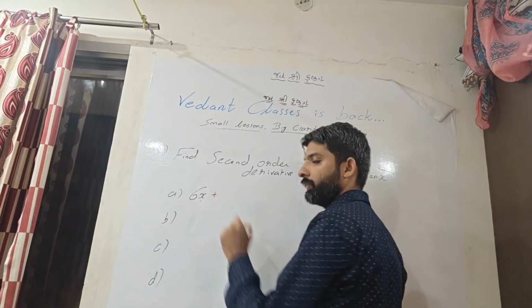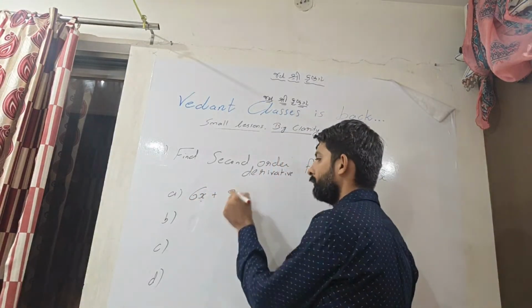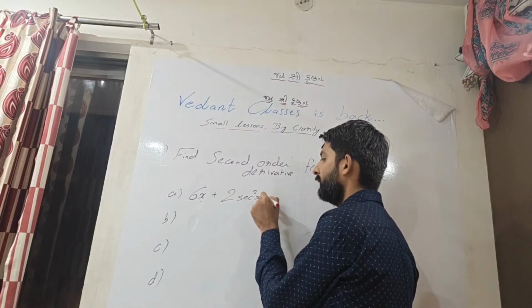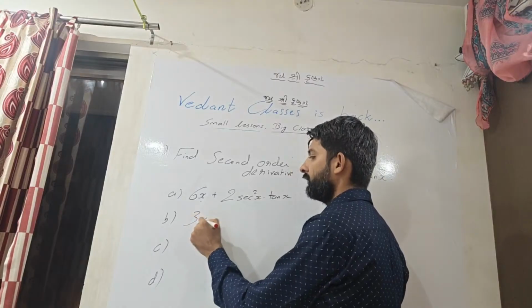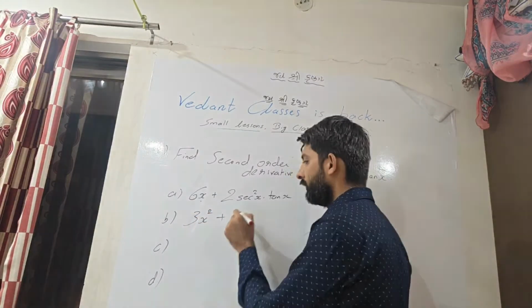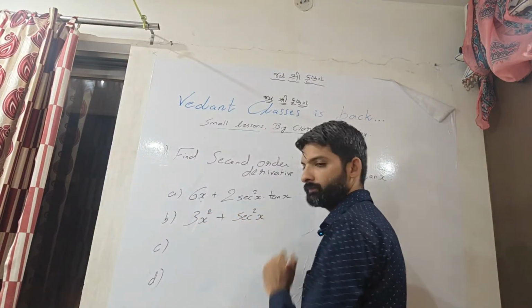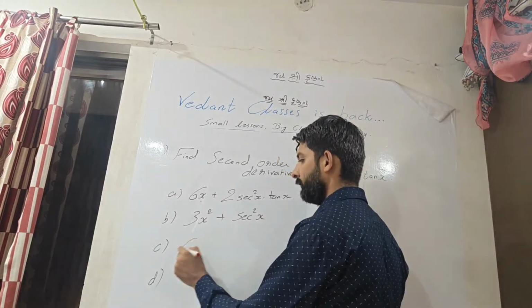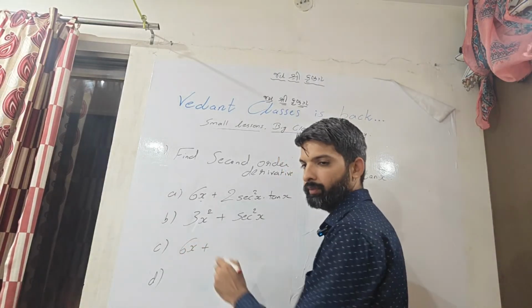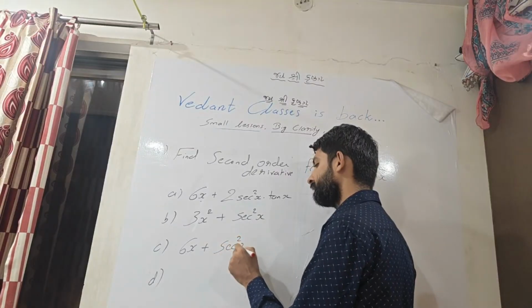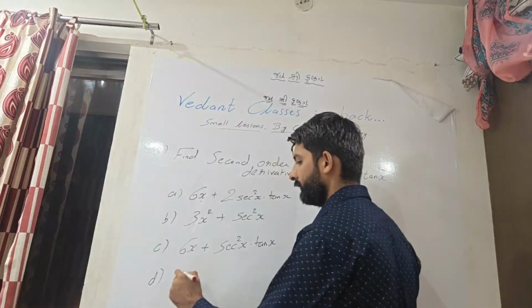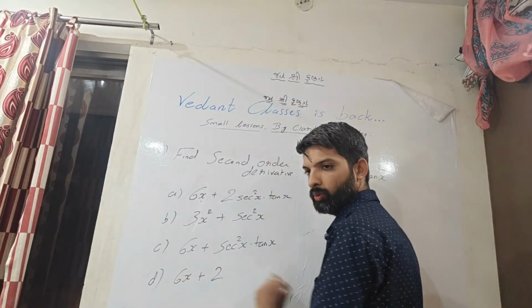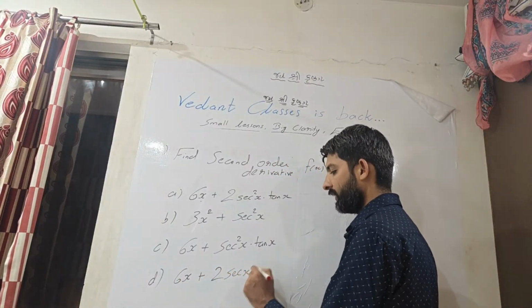Options are 2x, 6x plus 2, sec square x tan x, 3x square plus sec square x, 6x plus sec square x tan x, and 6x plus 2 sec x tan x.